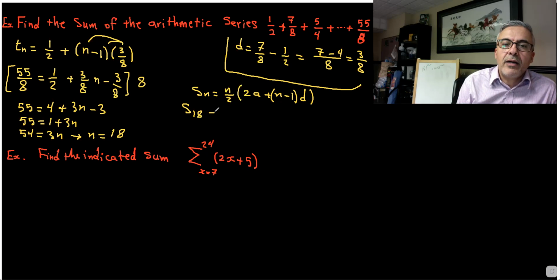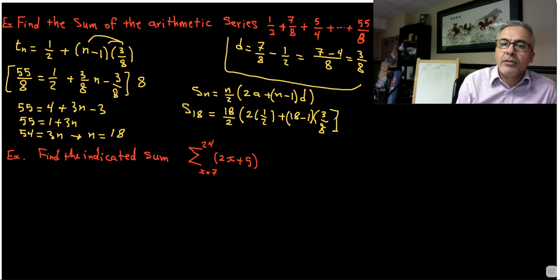Now, n is 18, so 18 divided by 2 times 2 times a, which is 2 times 1/2, plus n, which is 18 minus 1, times d, which is 3/8.